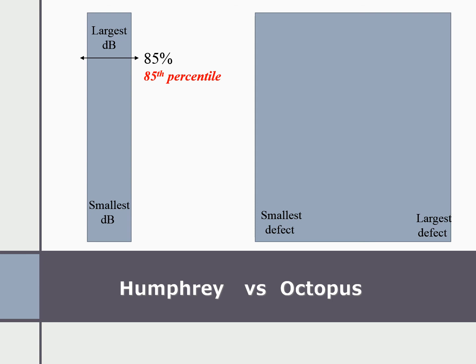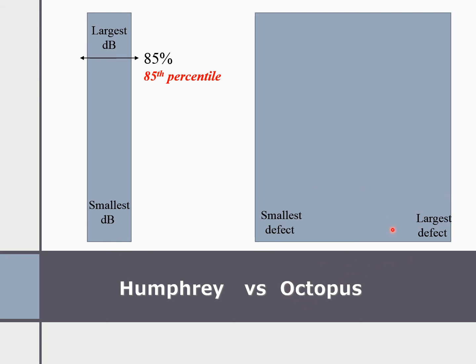The Humphrey depends on arranging data from the highest to the lowest, and then software goes to the location 85%, or we can say the 85 percentile location, and any difference is used to be adjusted compared to the normal, and we add or subtract values to the patient.